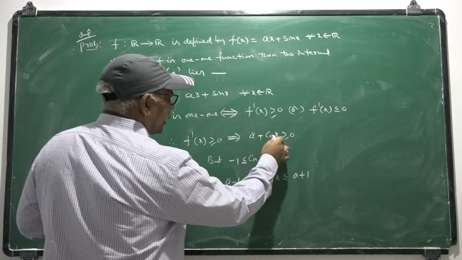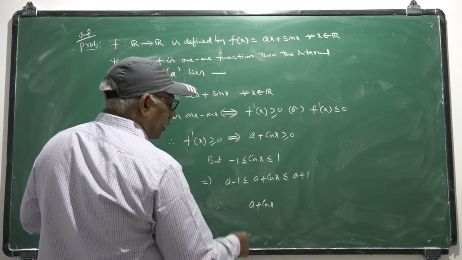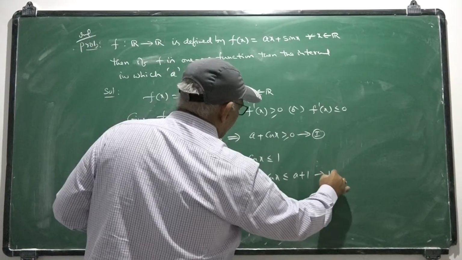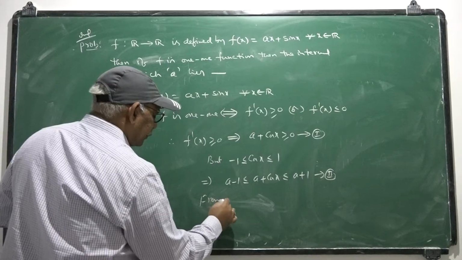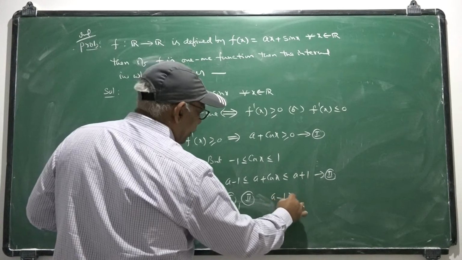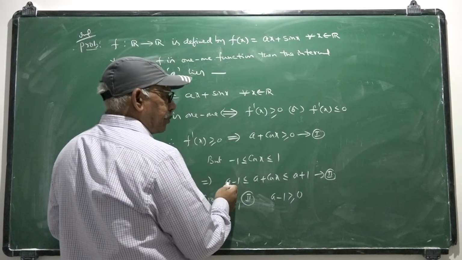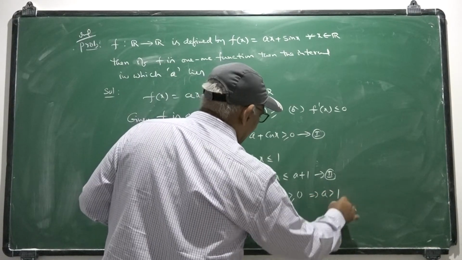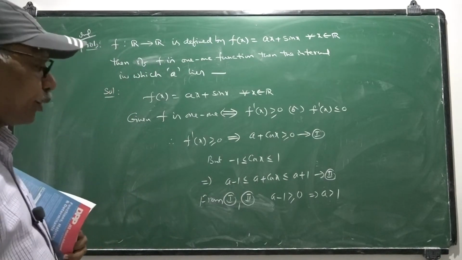But a plus cos x is greater than or equal to 0, from 1 and 2, so a minus 1 is greater than or equal to 0. Hence it must be positive. So that implies a greater than 1. And a plus 1 is less than 0.